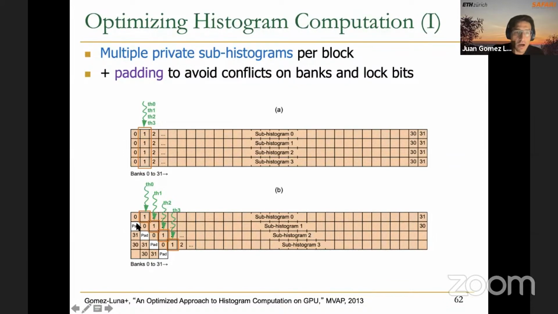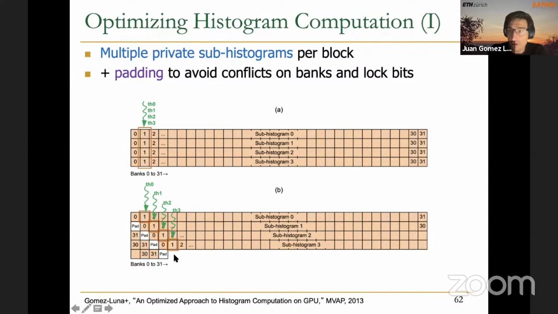We just leave one empty memory address in order to shift the subhistogram a little bit. In case these 4 consecutive threads have to update the same bin in different histograms, they would be updating these bins in different banks and also in different logs. This way we reduce a lot the contention due to bank conflicts or log conflicts, as you can see.